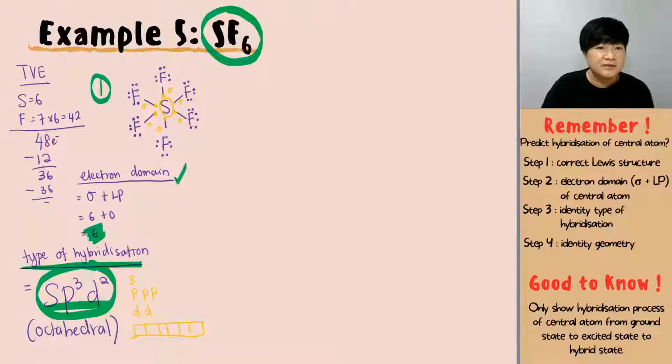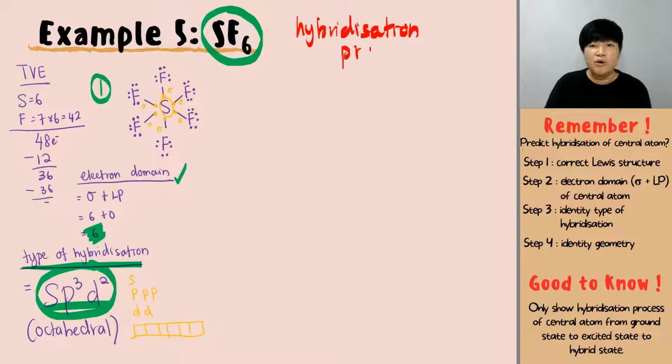In other words, sulfur needs to have how many single unpaired electrons? Think about that. Let's jump into your hybridization process. And from that, you need to know already how many single electrons that sulfur should have.